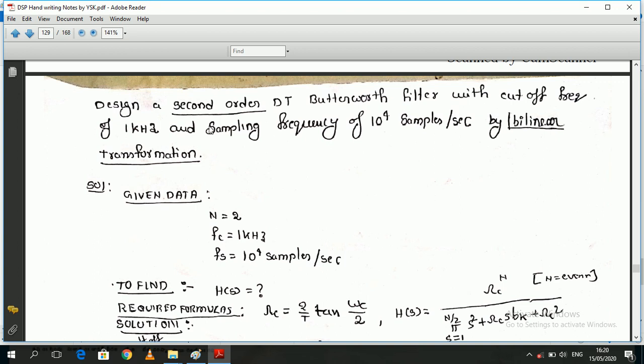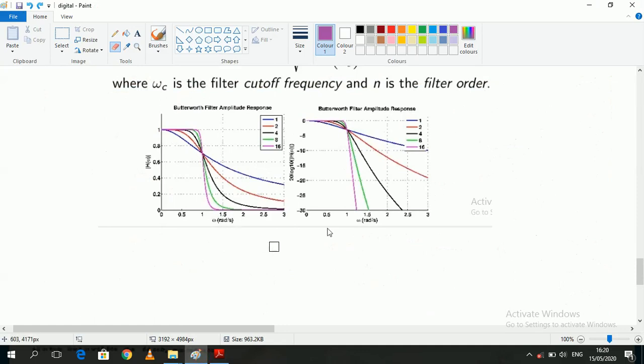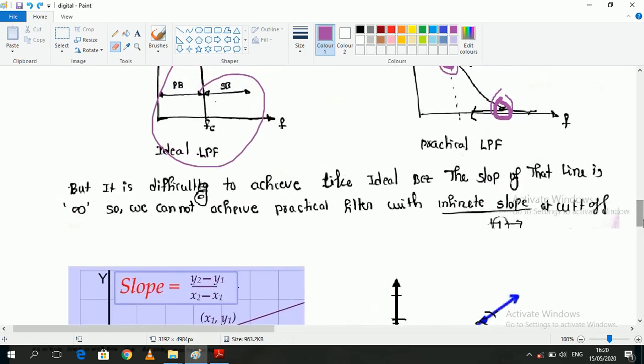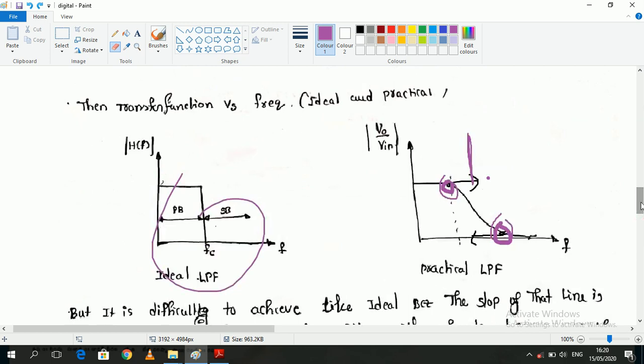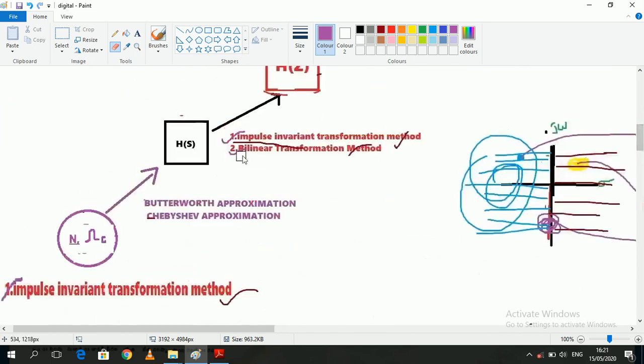Let's see. Design a second order digital Butterworth filter with a cutoff frequency of 1 kHz and sampling frequency of 10 power 4 samples per second, by the bilinear transformation method. So what is being asked is to find a digital filter with the bilinear transformation method.